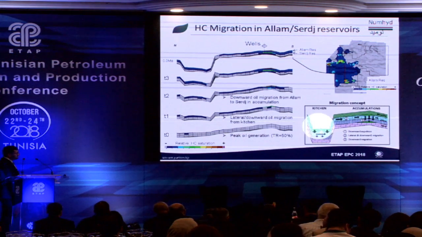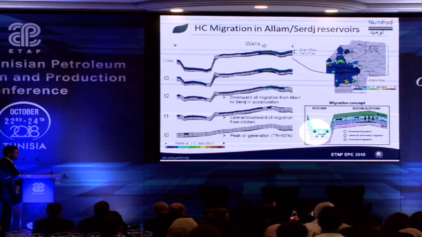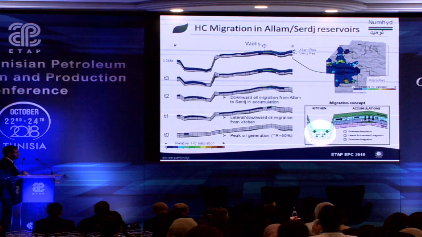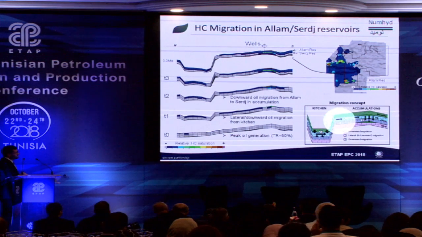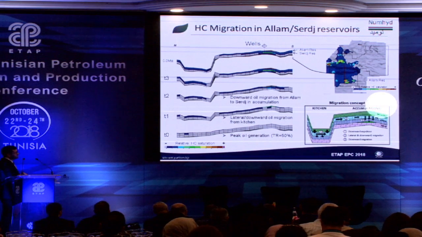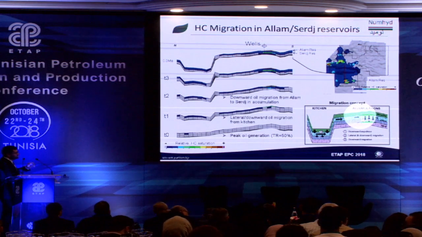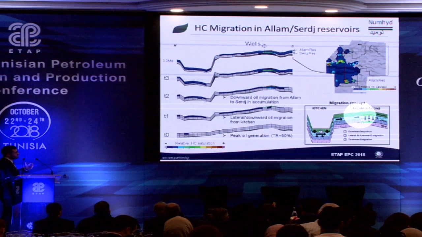So first, you have maturation of the source rock and downward expulsion of the hydrocarbon, which reaches the Alam Serge system. Second step, your fluids migrate laterally in the reservoir and reach structural tops, structural features, and fill first the Alam reservoir.